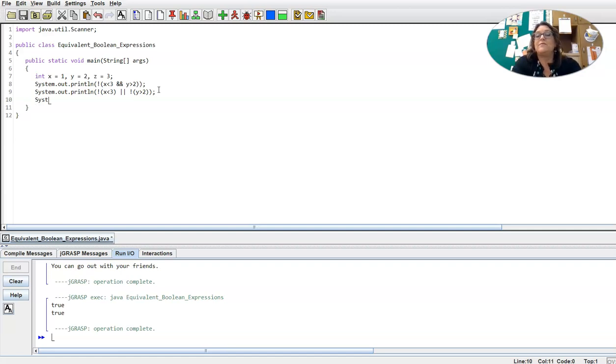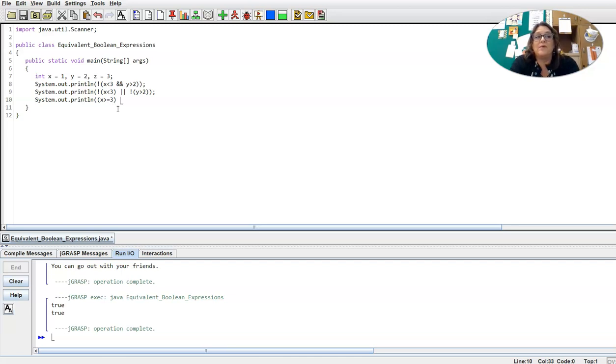Okay, let's see if we can write a third expression that is equivalent to the first two. So if we have x less than 3 is not, right? It's the opposite. The opposite of x less than 3 would be x's that are greater than or equal to 3.